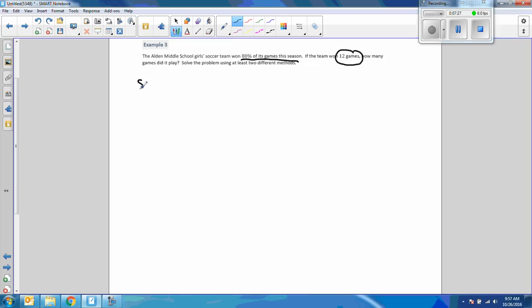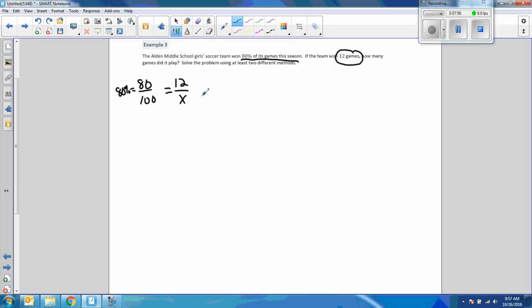Well, let's start with 80% equals, let me write that. 80% means 80 out of 100. And they won 12 games. How many did they play? So 80% of 100 is 12 out of the total 100% of the games. So the 100% are on the bottom. Total games, 100 is total.